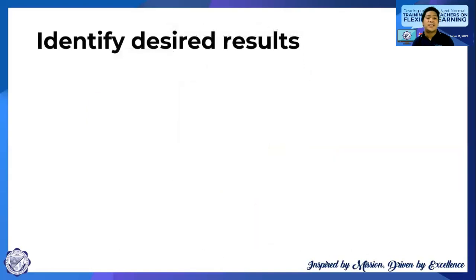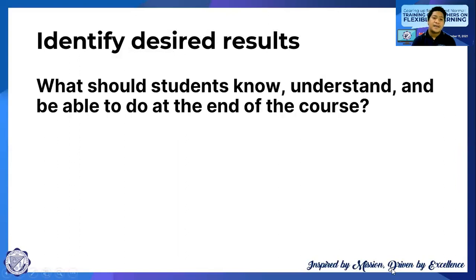For the first stage on identifying desired results, we have the question: what should students know, understand, and be able to do at the end of the course? This is our desired results.